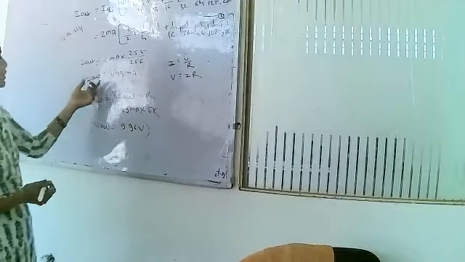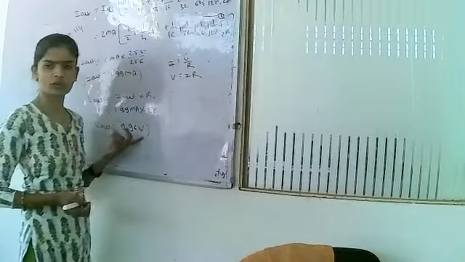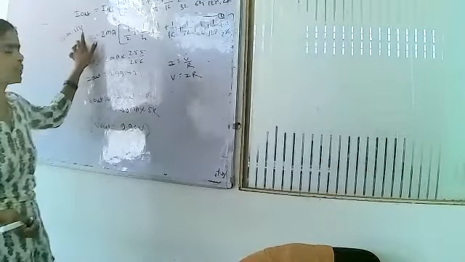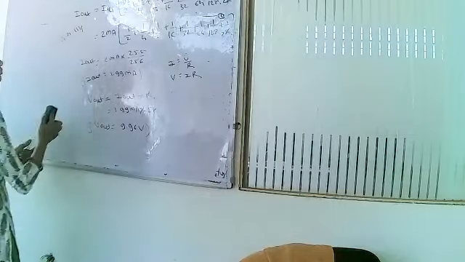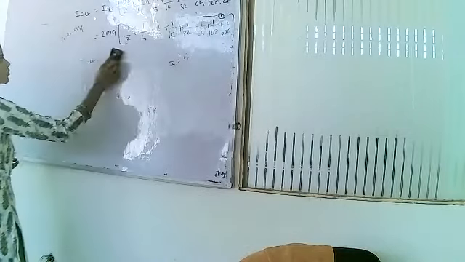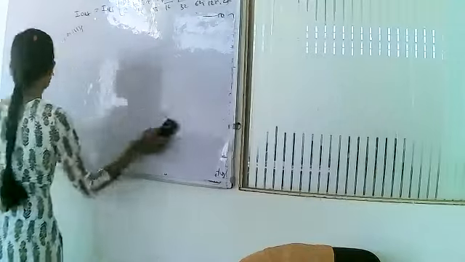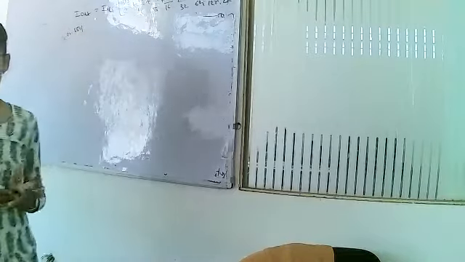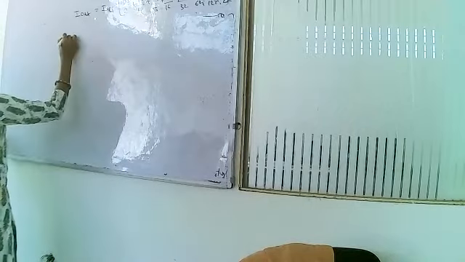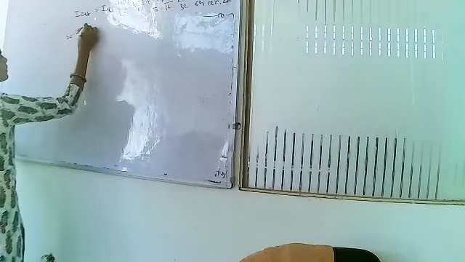Then we calculate the analog output current and output voltage for D0 to D7 equal to FFH. Then the second condition: we take the digital input D0 to D7 as 80H.